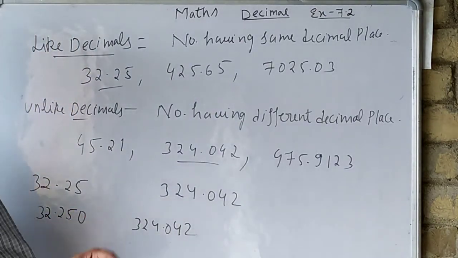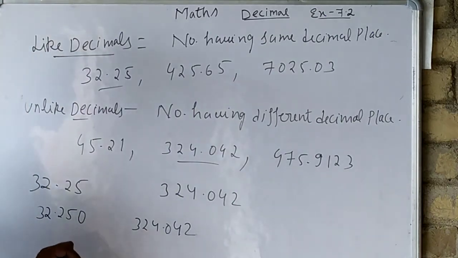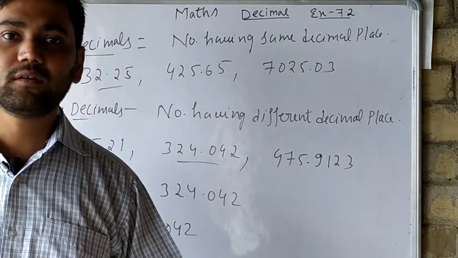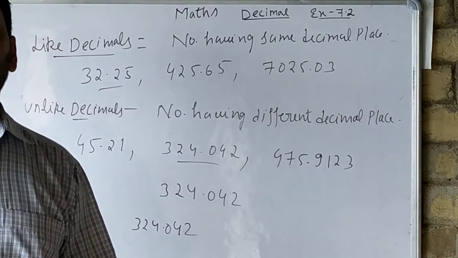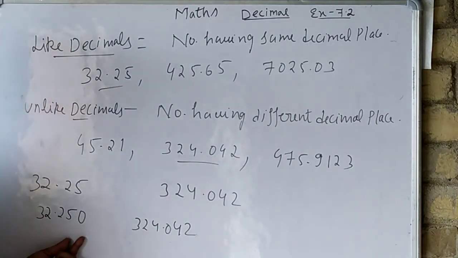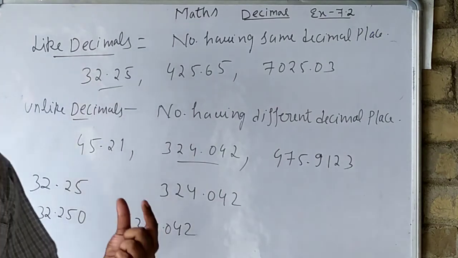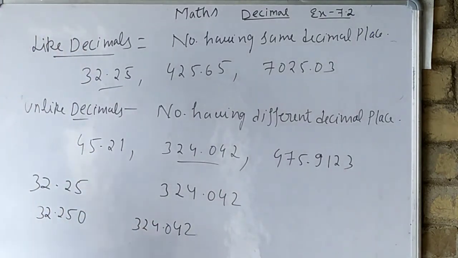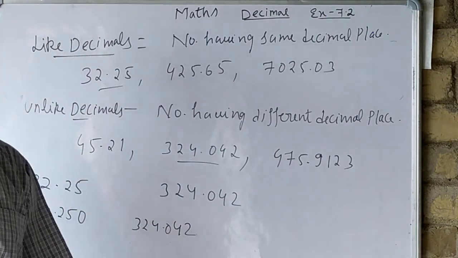After the decimal, if we place 0 at the last, it will not be counted; it will be 32.25 only. But what we have done is, after placing 0, converted them into like decimals. Like this we can convert them into like decimals.